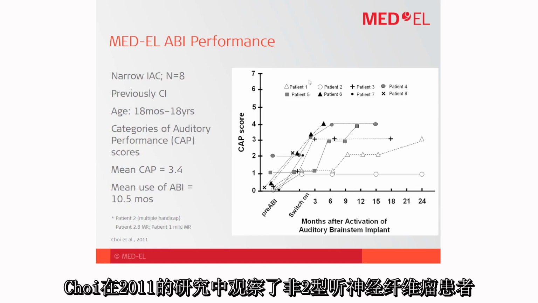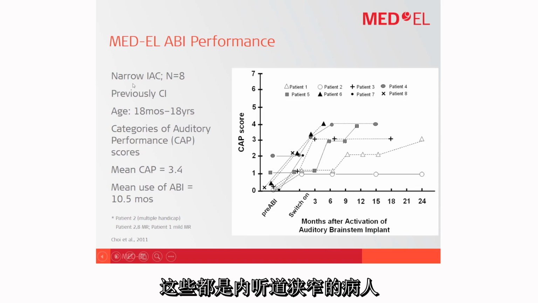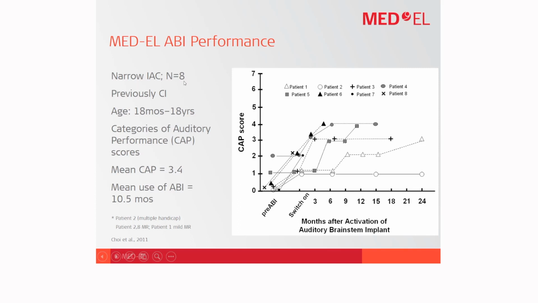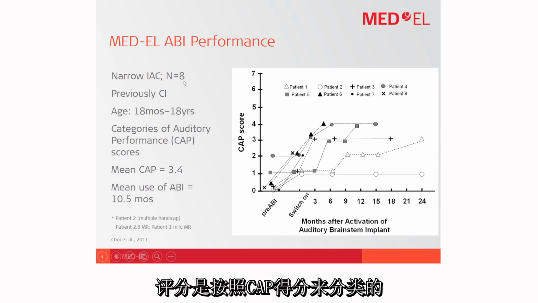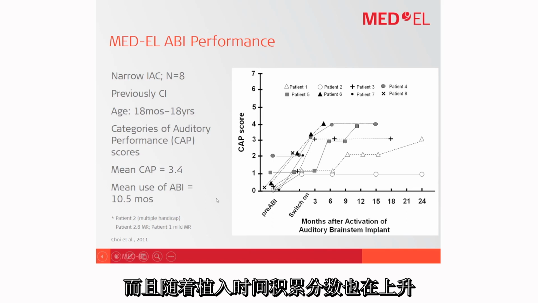In a study by Choi in 2011 where they looked at non-NF2 tumor patients who were implanted with an ABI, so these patients had a narrow internal auditory canal, there were 8 patients, and you could see that the categories of auditory performance scores, or CAP scores, in these patients, the mean CAP was 3.4, and there was improvement in CAP scores over time in the patients.